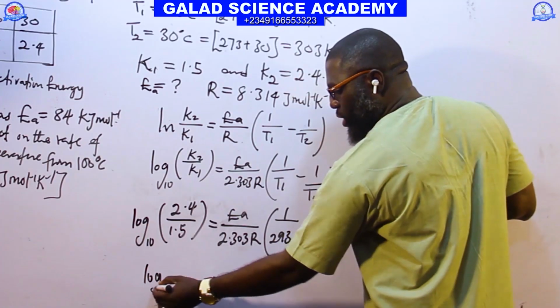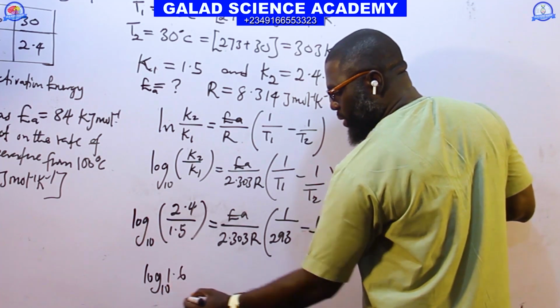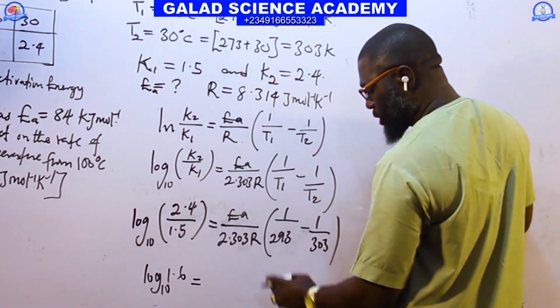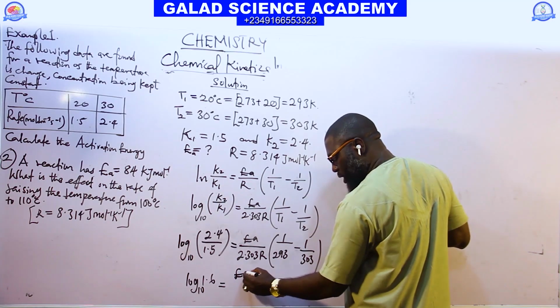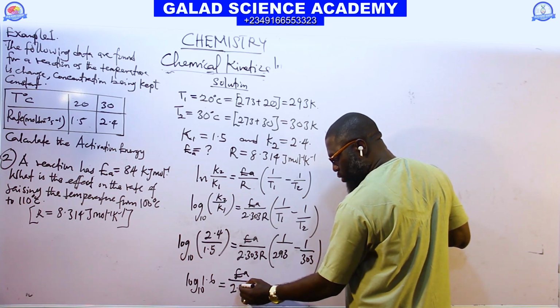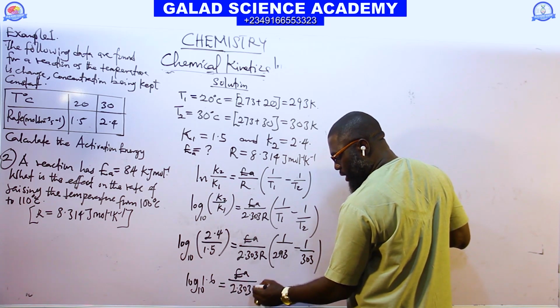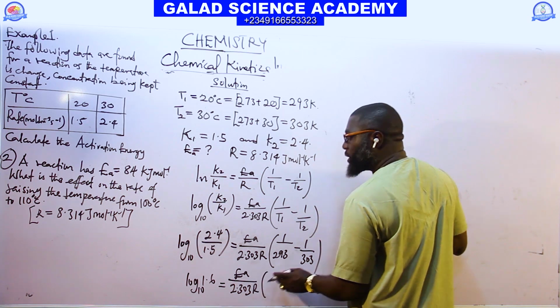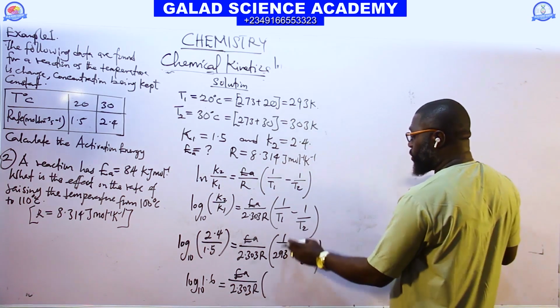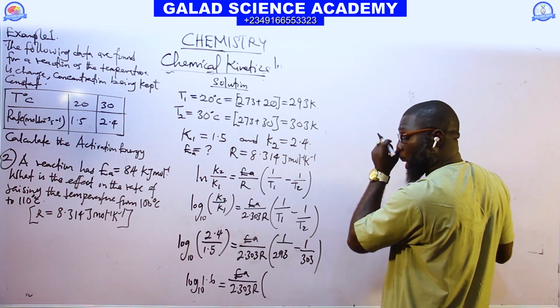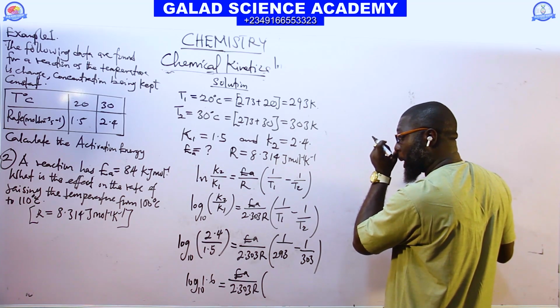By solving it further, divide this by this: log of 1.6 base 10 equals Ea over 2.303 R, and divide this 1 over 293.